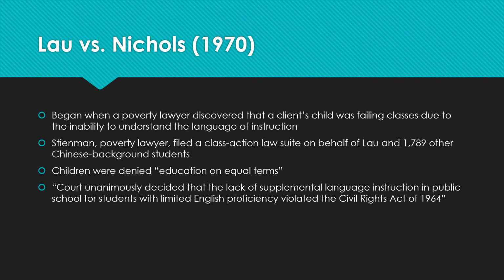Children were denied education on equal terms. The court unanimously decided that the lack of supplemental language instruction in public school for students with limited English proficiency violated the Civil Rights Act of 1964. We also previously talked about that act in this lecture.